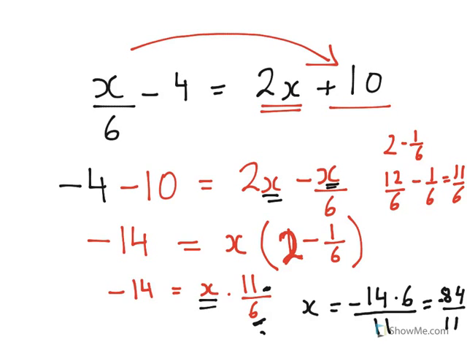So x equals minus 84 divided by 11. So I wasn't very kind to you here. The numbers aren't really very nice, but it doesn't matter. Let's prove that x does equal minus 84 elevenths.